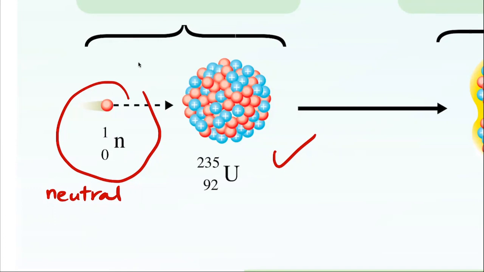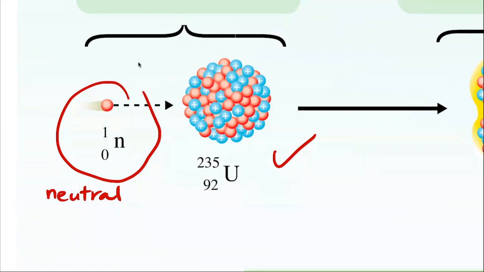Just remember that if it is the same charge, what will happen? If you use the same charge, then the tendency for it to be repelled is very, very high.